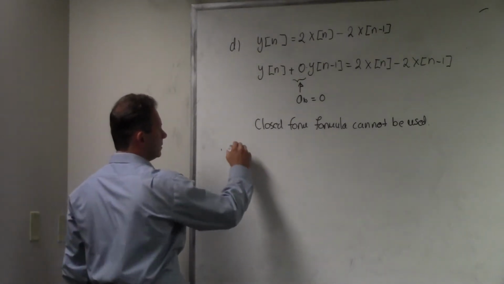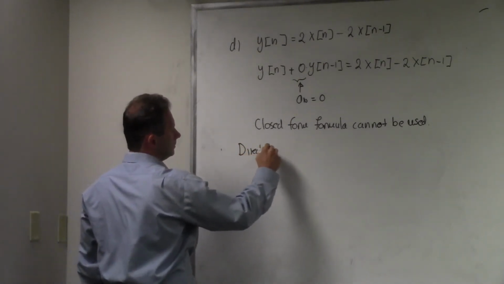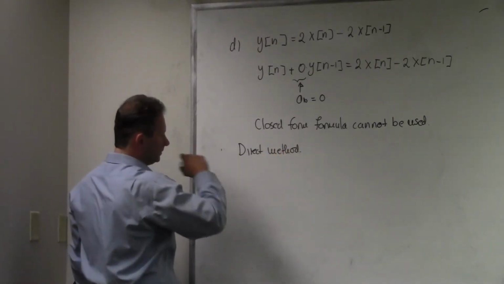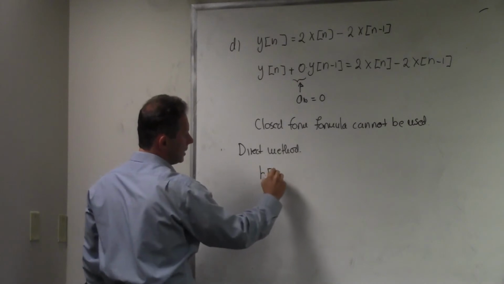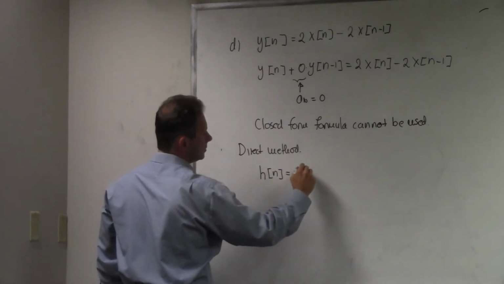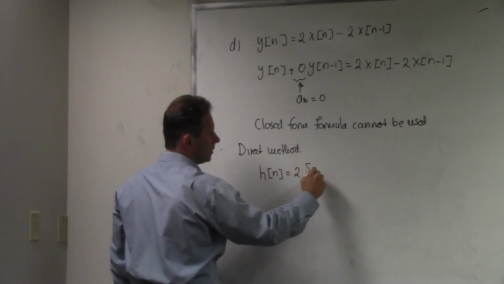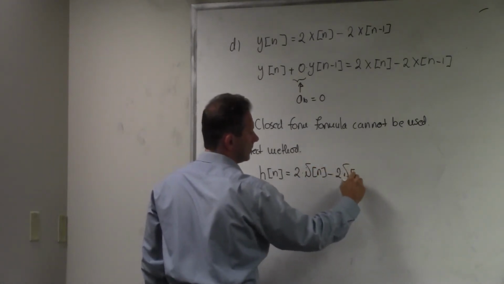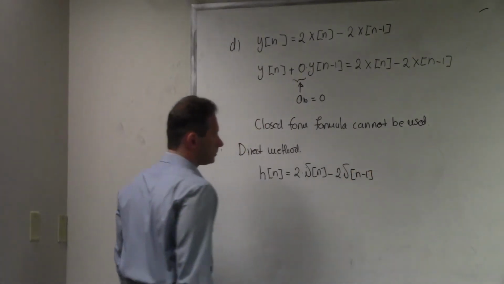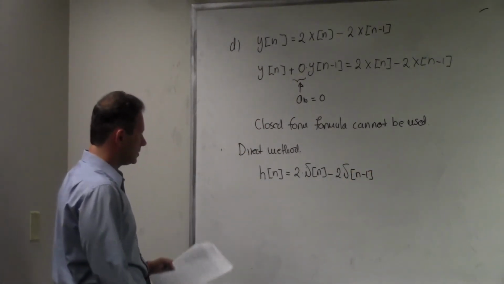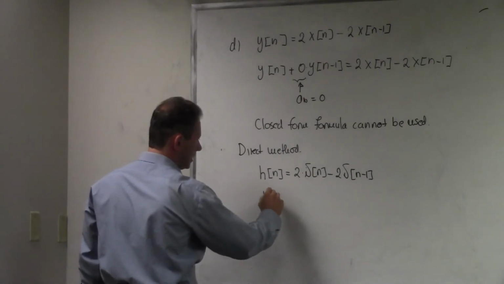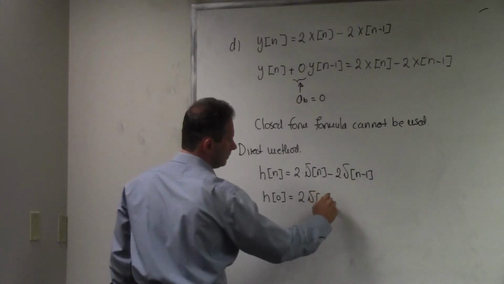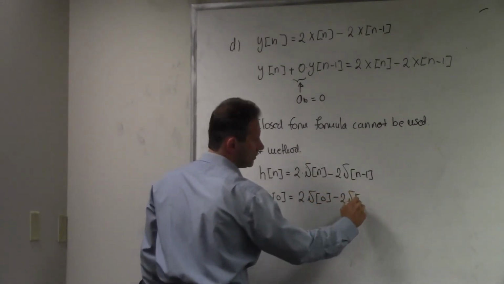So here, direct method, it says that your h of n is going to be equal to 2 times delta of n minus 2 times delta of n minus 1. And we can easily say, for example, h of 0 is going to be 2 times delta of 0 minus 2 times delta of minus 1.